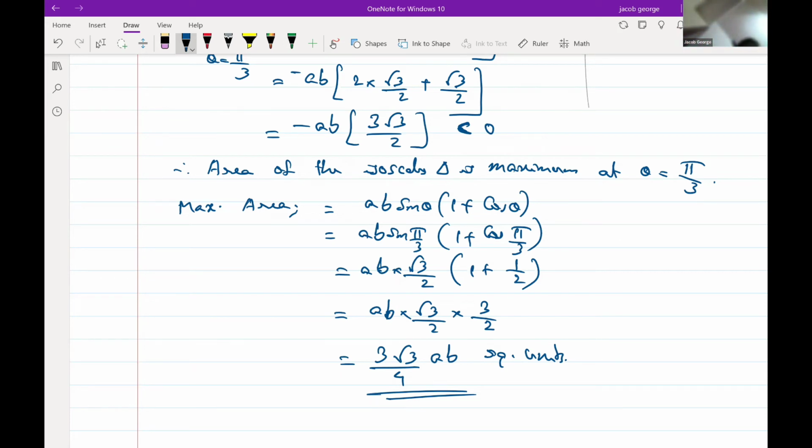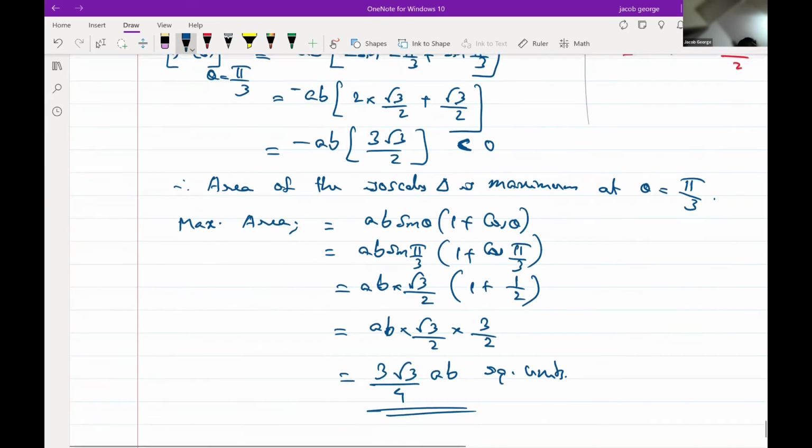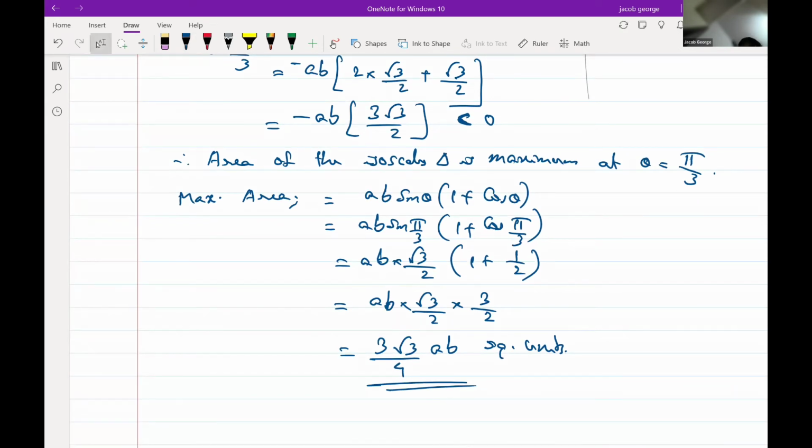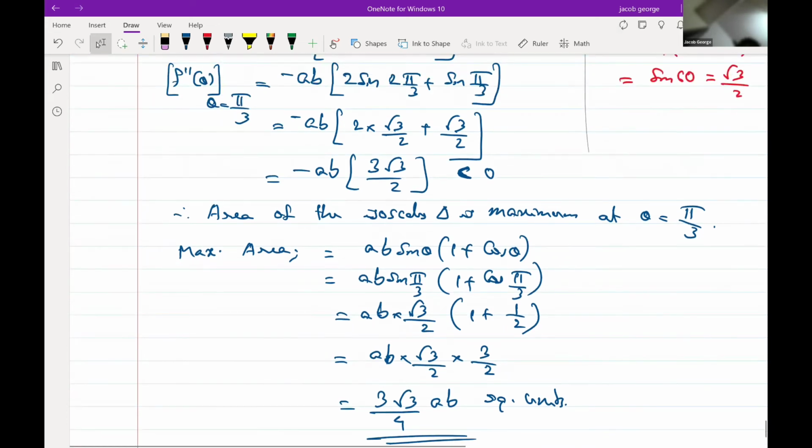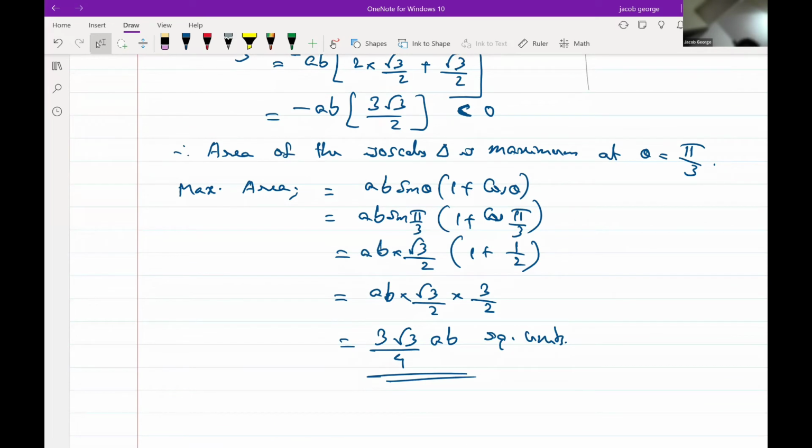So this was a bit lengthy question, but all of you have to note down the calculations and practice it very well. One more similar type of question is there in the miscellaneous exercise. That will be the last sum. So by that, we can complete this chapter and almost all the possible questions also.